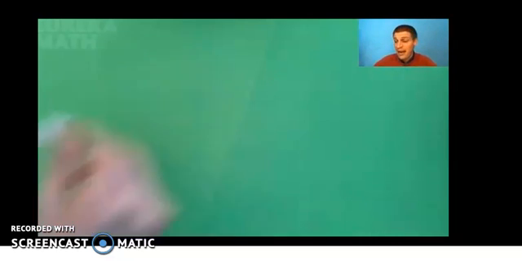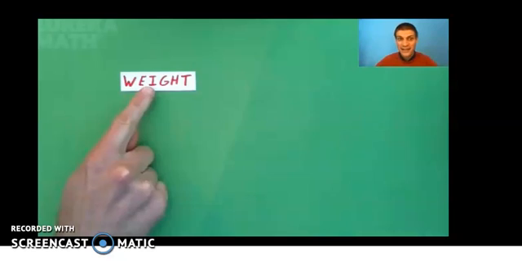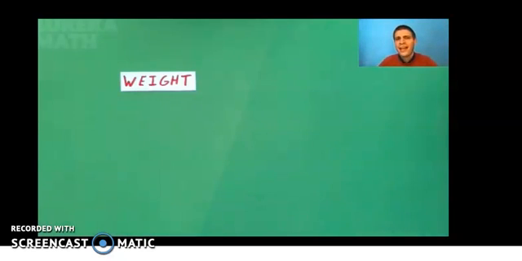Sometimes when we are comparing the weight of two objects, it is hard to tell which one is heavier and which one is lighter because they are almost the same weight. Turn to your friend. Can you think of two objects that are almost the same weight?